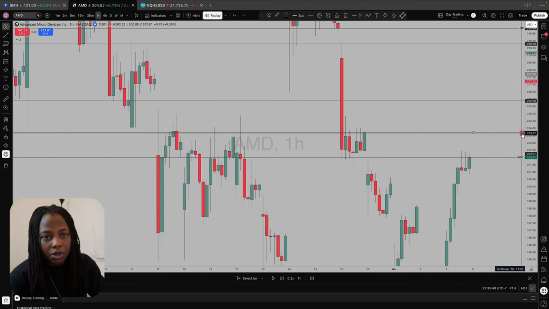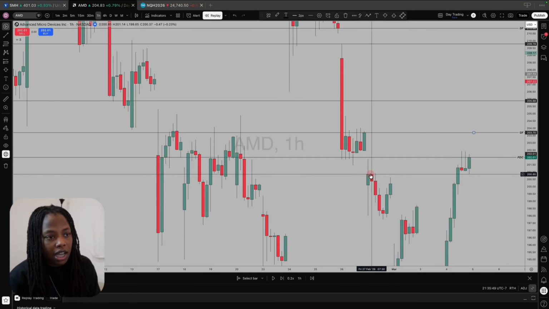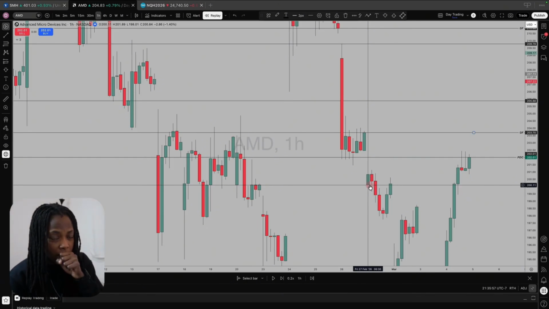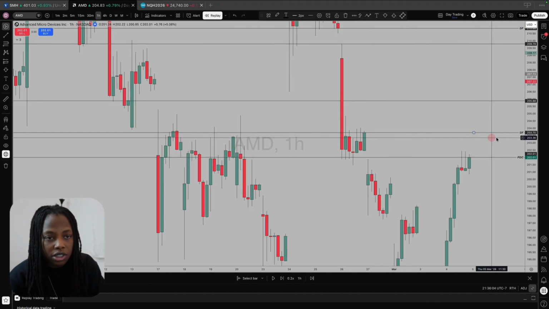So I put gap fill right there to show that that's a gap fill level, because price closed there and the next session happened and it opened right here, almost like a close to 4 point gap down, but it did not fill it yet, so I keep it on the chart.